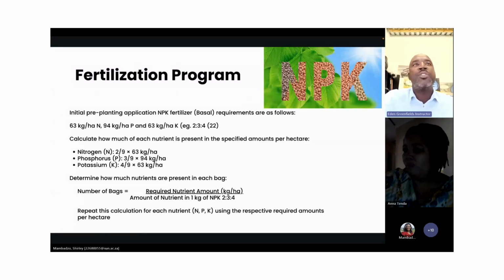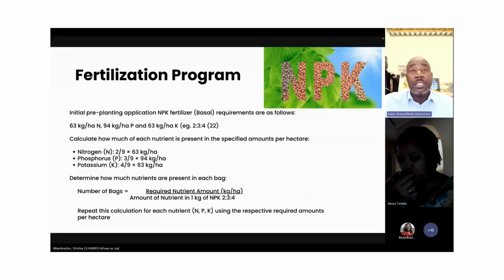So when it comes to 1 hectare, if you want to do organic onion, you will need to have around 50 tons of manure, right?